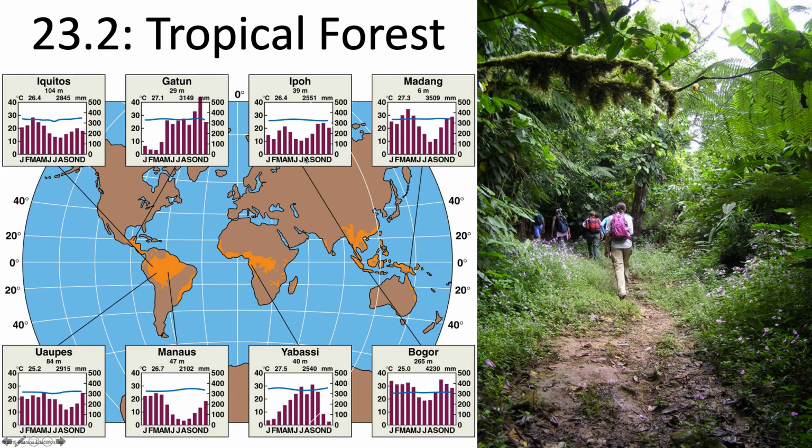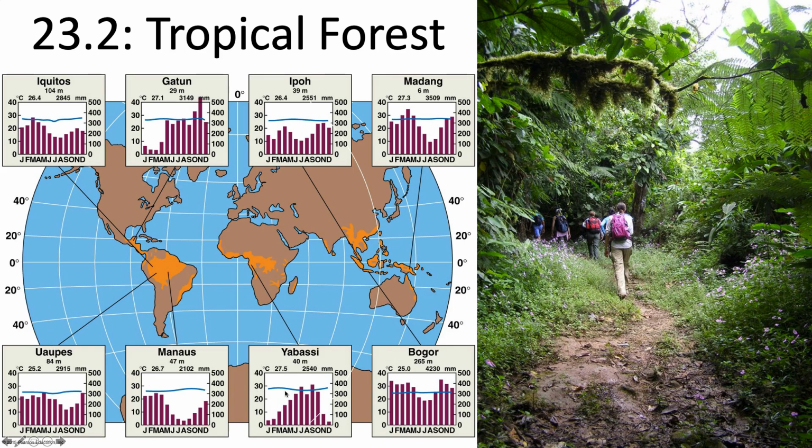Tropical forests are mostly restricted to the latitudes 10 north to 10 south. So you can see here, they're restricted around here, around the equator. The temperatures are warm throughout the year, which you can also see in these graphs.